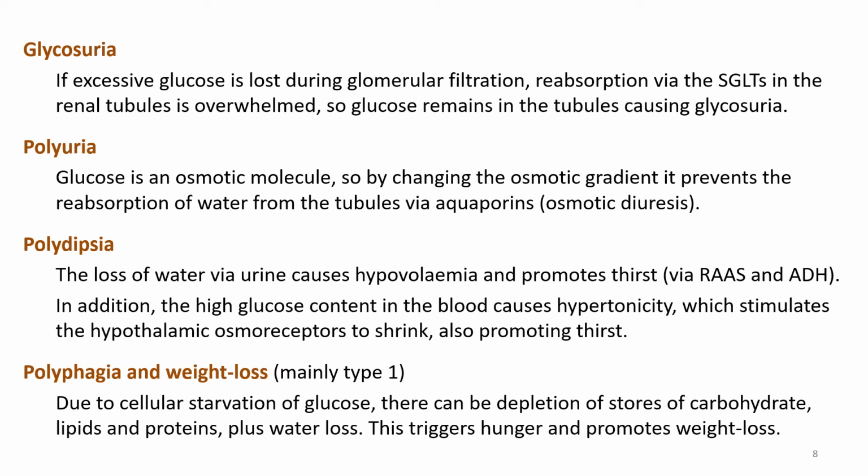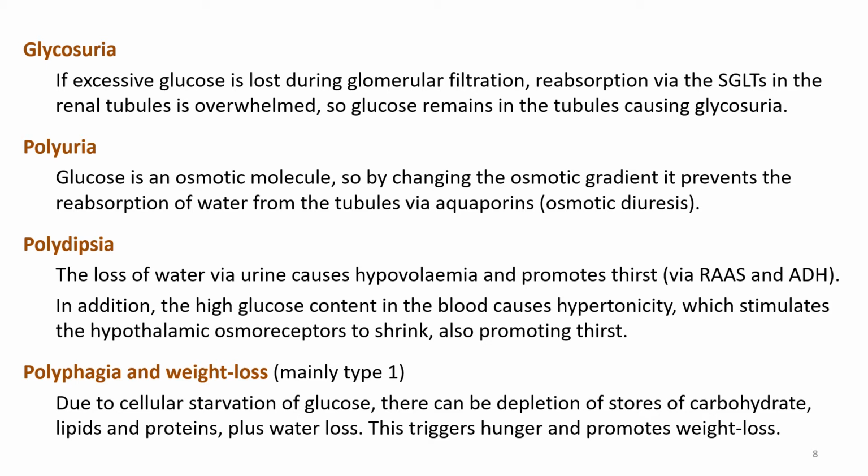Polyphagia, eating lots. I think possibly we all suffer from slightly too much of that, but not, unfortunately, with the weight loss. In this case, we've got polyphagia and weight loss, and this is mainly in type 1 DM. So, of course, there's going to be cellular starvation of glucose because the GLUTs aren't upregulated in either type. So, we can't get glucose into the cells.